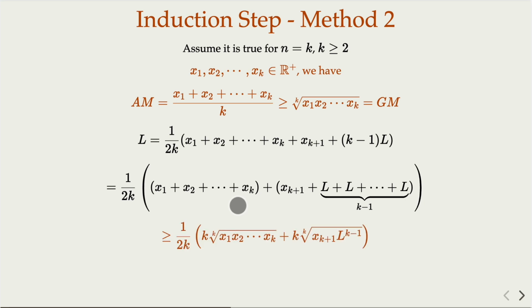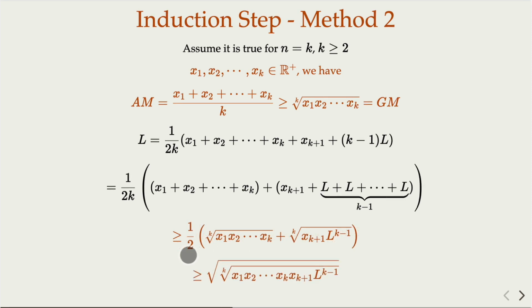If we do that, this is going to be k times the geometric mean, and k times the geometric mean. You notice that you can cancel k, and you have two terms. Again, we use the same trick, which is to apply AM-GM for two numbers: a plus b is greater than or equal to 2 times the square root of ab, and the 2 would cancel with this 2, so we're going to have this relation here.